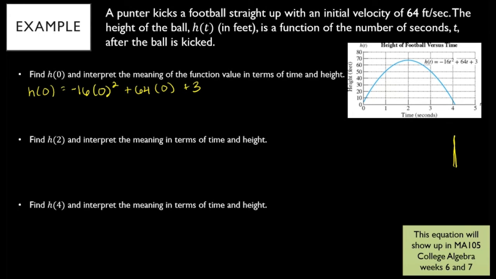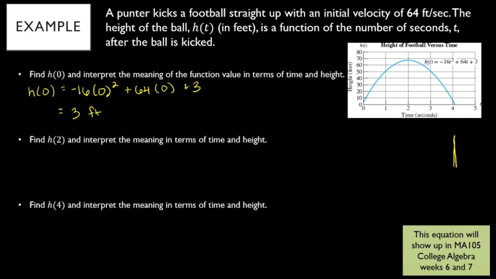So 0 squared is 0, and then you're going to be multiplying by negative 16, so that's 0. 64 times 0 is 0, and we get 3. And our output here is feet. So that's the height. It says the height is measured in feet. So what does this mean? So t is 0 seconds after the ball is kicked. So when the ball is kicked, it's 3 feet off the ground.